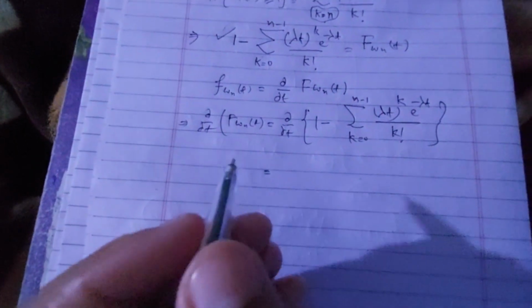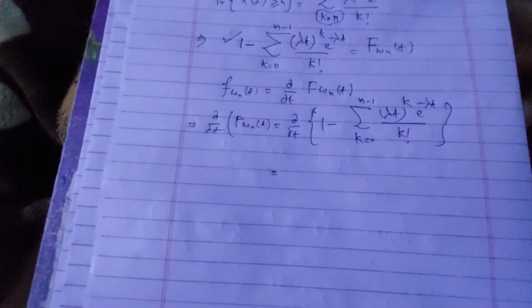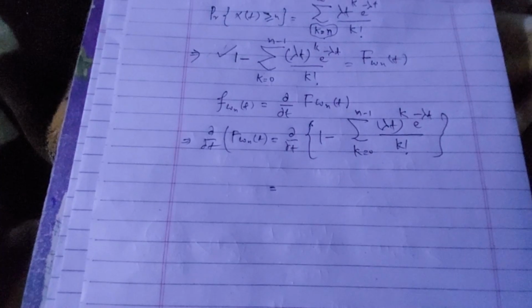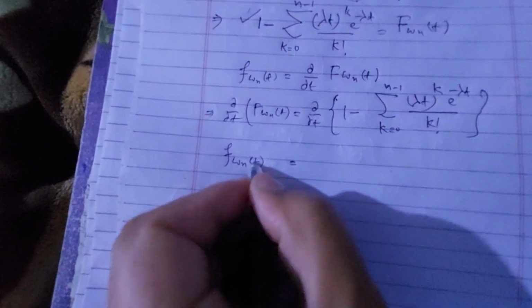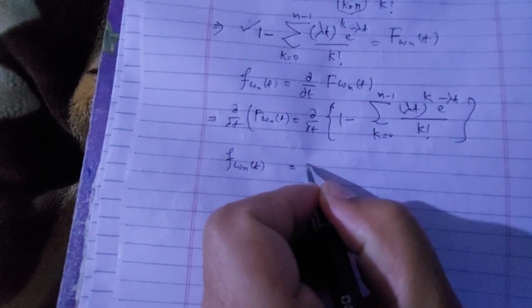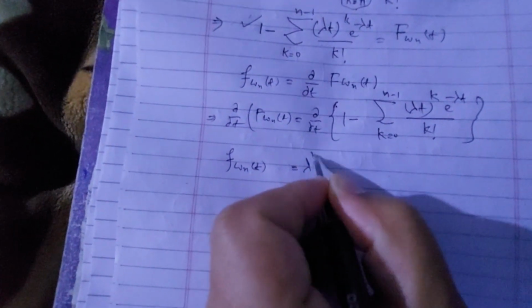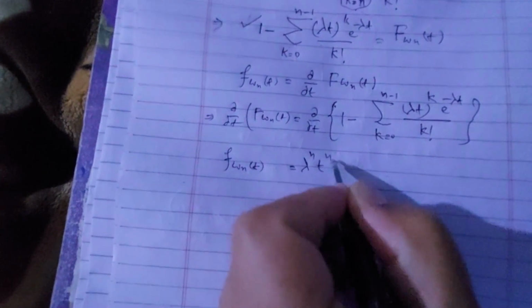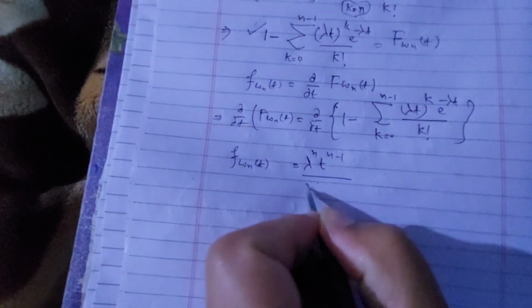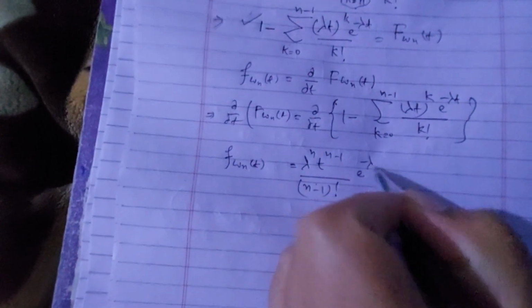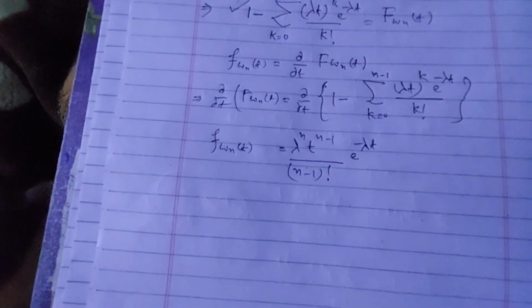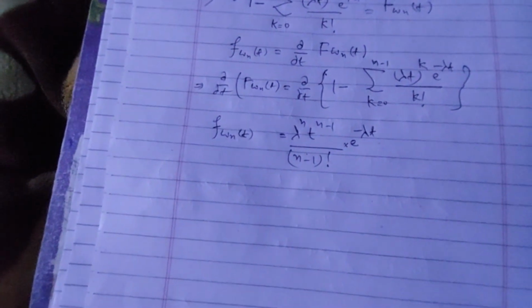When we make the differential, we get the exact same equation as we found before, which is small f waiting time t, equal to lambda^n t^(n minus 1) divided by (n minus 1) factorial, into e^(-lambda t).